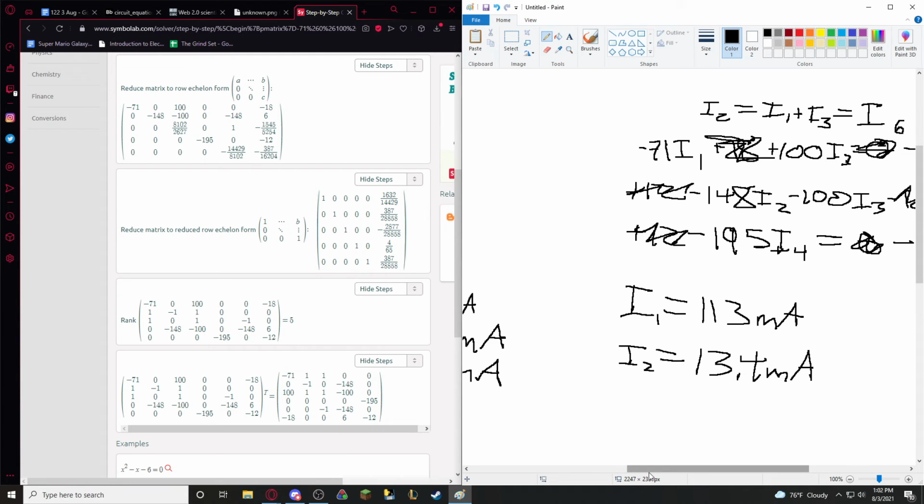I3 is about negative 100, or 99.7. I'll keep 3 sig figs.